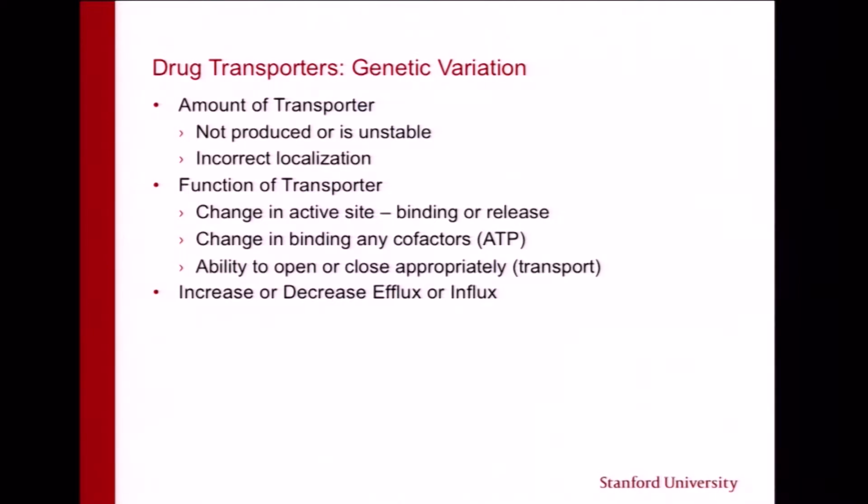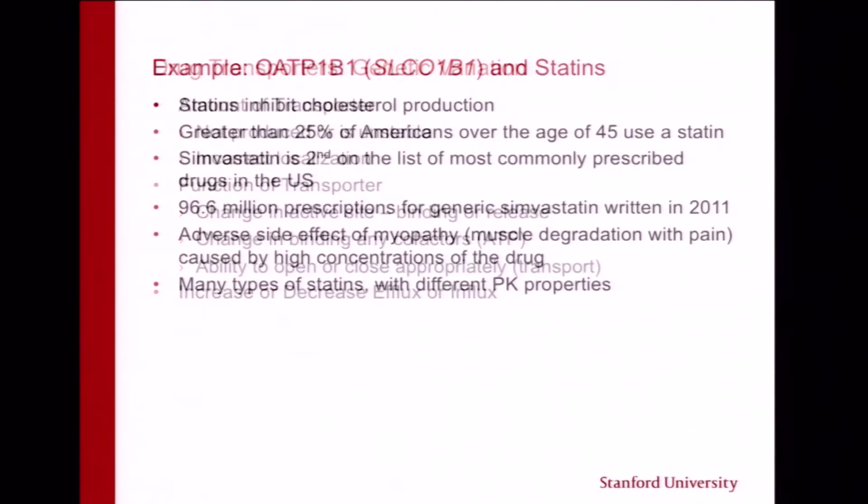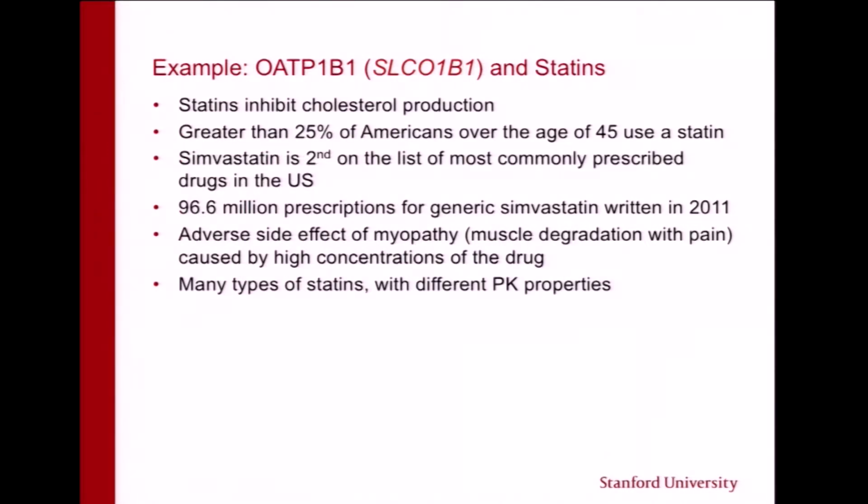So as an example of this, I want to talk about the OATP1B1 transporter, which is encoded by the SLCO1B1 gene. And this affects statin response and circulating levels of statins. Specifically, simvastatin is what I'll be talking about today. As you may know, statins inhibit cholesterol production, and they're used to treat high cholesterol.